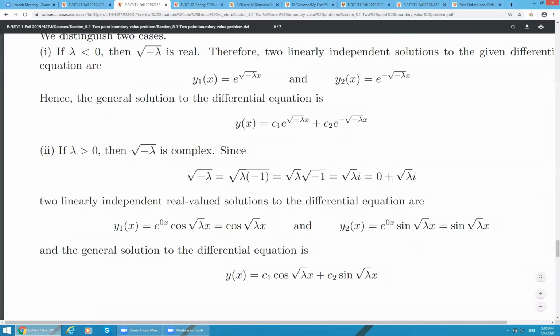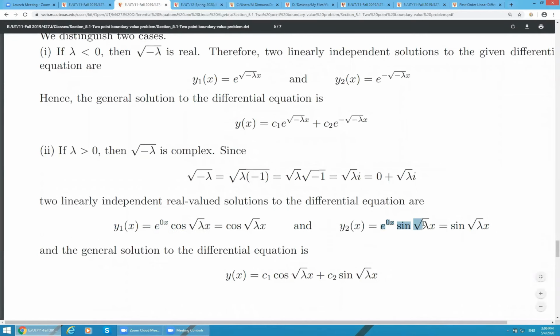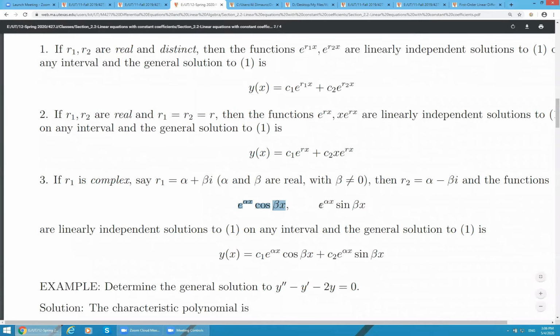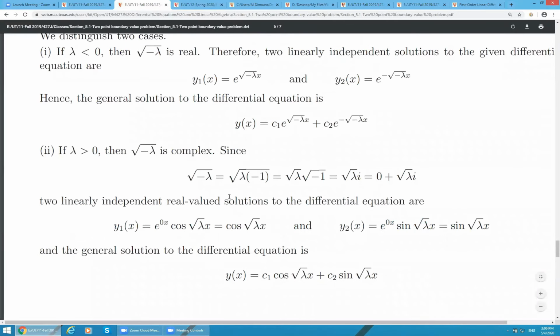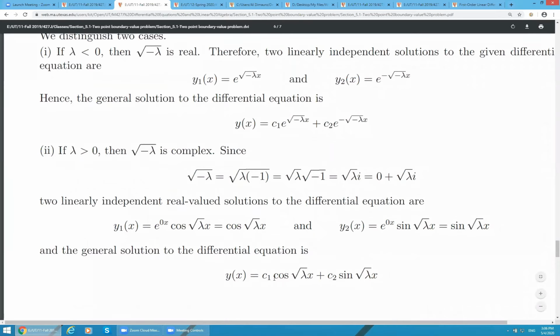Therefore, particular linearly independent solutions are this, here we apply formula number 1, and this, here we apply formula number 2. Lastly, since e to the 0 power is 1, particular solution number 1 is cosine, particular solution number 2 is sine. Therefore, the general solution of this differential equation is C1 times cosine plus C2 times sine.